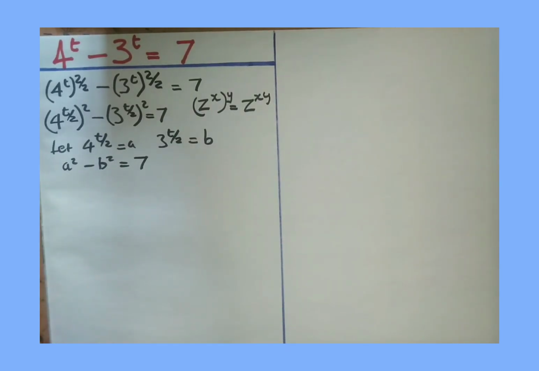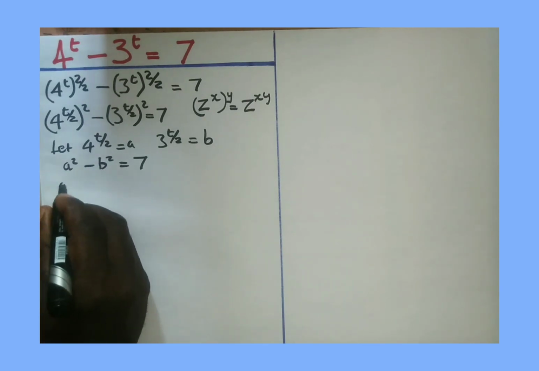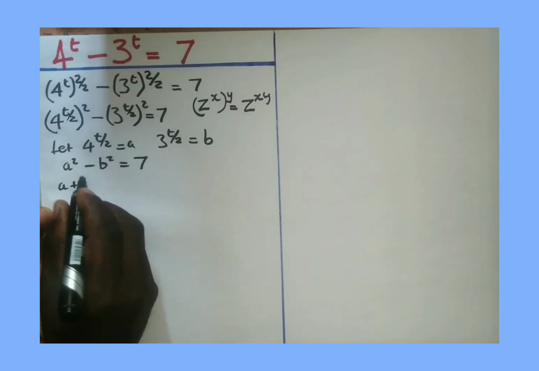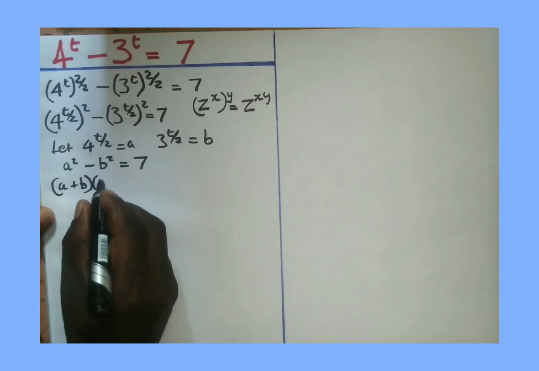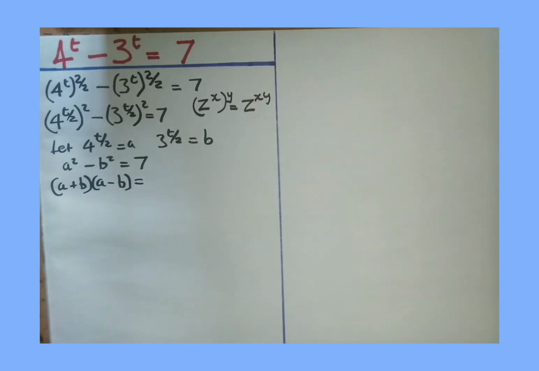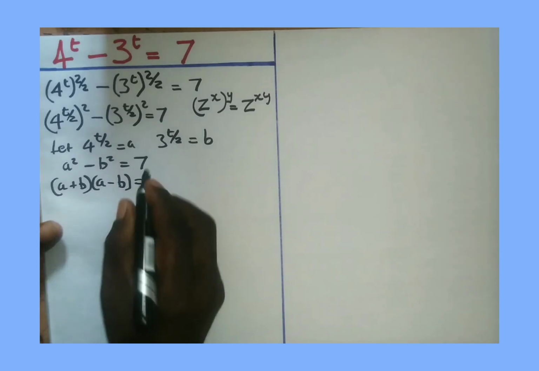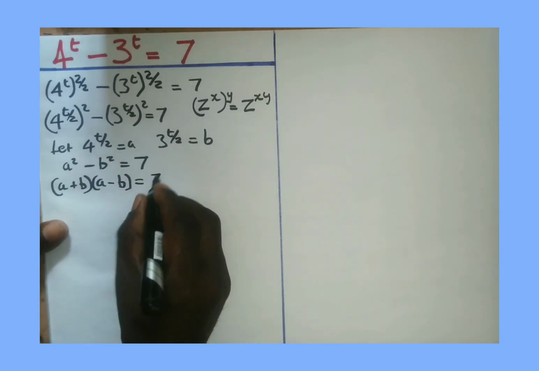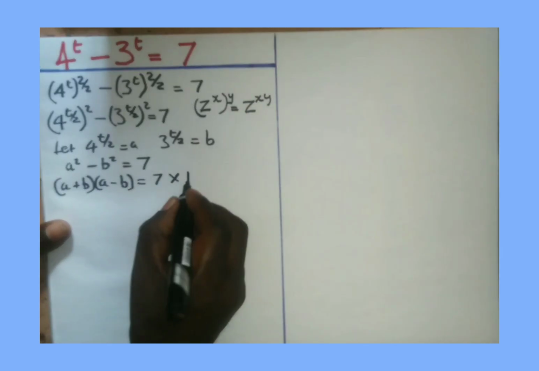Now, doesn't this ring a bell? This, of course, is a difference of two squares. So we can factorize both sides of the equation: a plus b multiplied by a minus b is equal to, what are the factors of 7? Well, we only know 1 and 7 itself. So we can write this as 7 times 1.